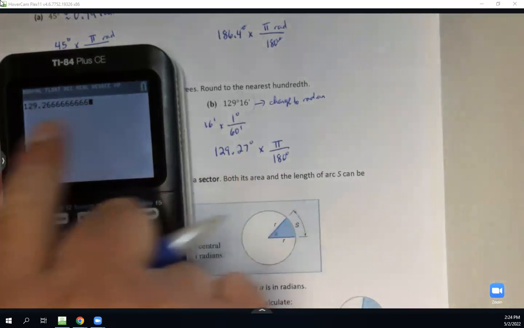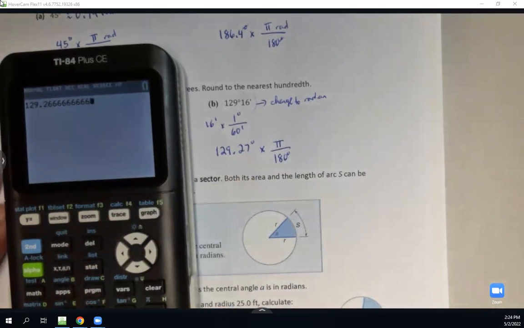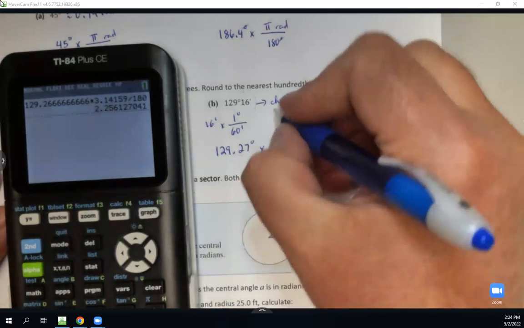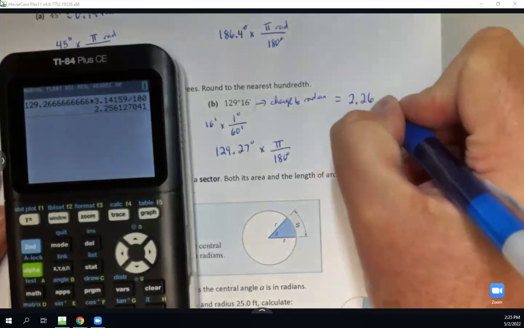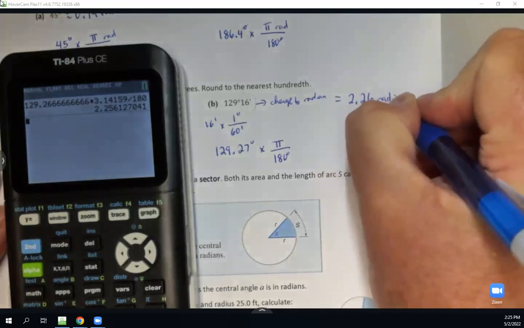And I'm going to go ahead and carry that out so that I don't have a rounding error. So instead of saying 0.27, I'm carrying out the 6 a few times, times 3.14159 divided by 180. So that would be about 2.26 radians.